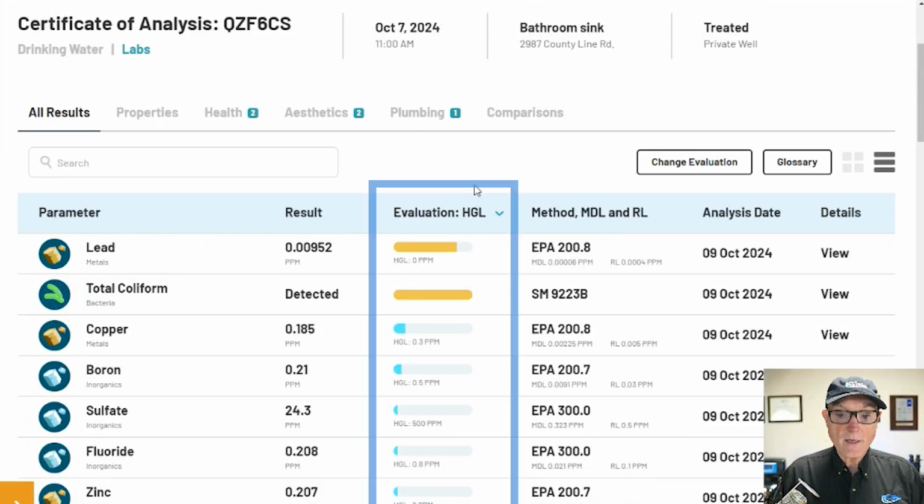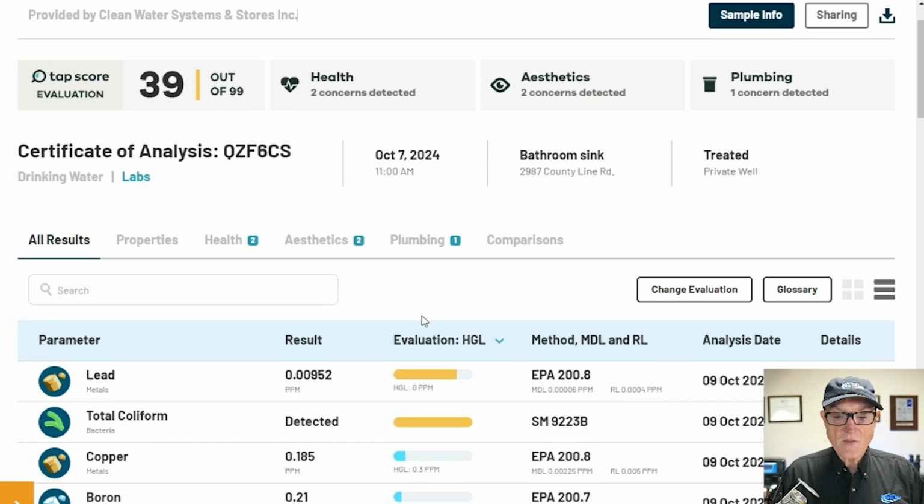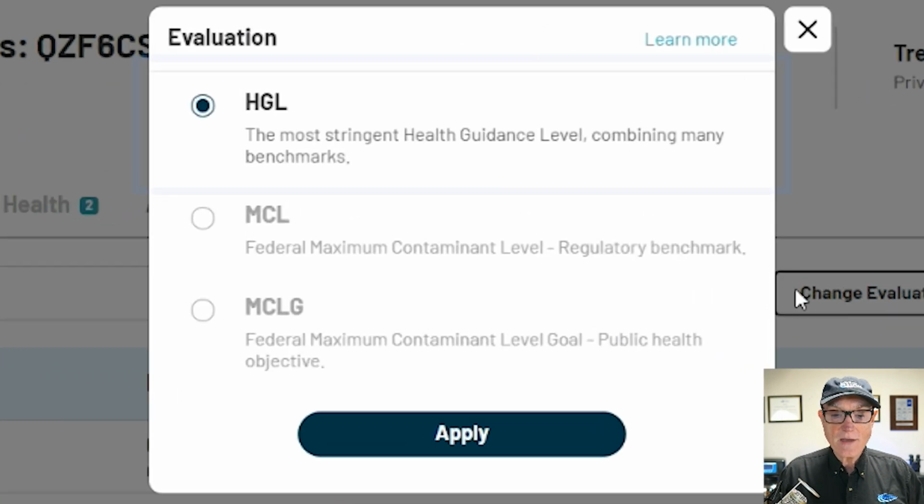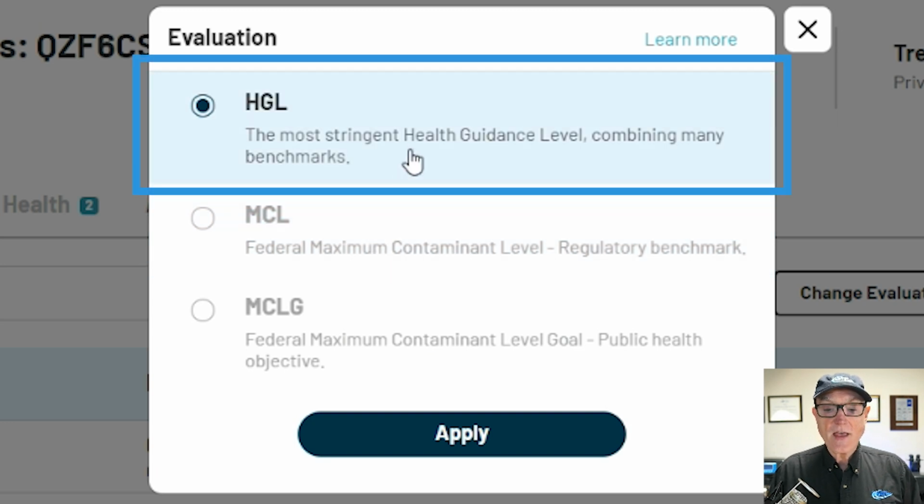And this is really important because right here it says HGL. And HGL, if you click on this where it says change evaluation, HGL is the health guidance level. So that's where they're recommending, generally based on EPA regulations, what is good for your health.